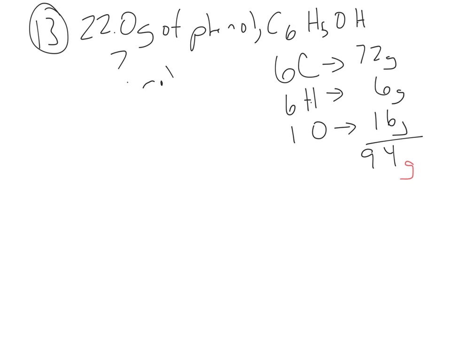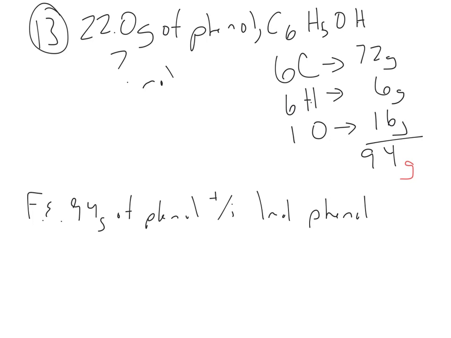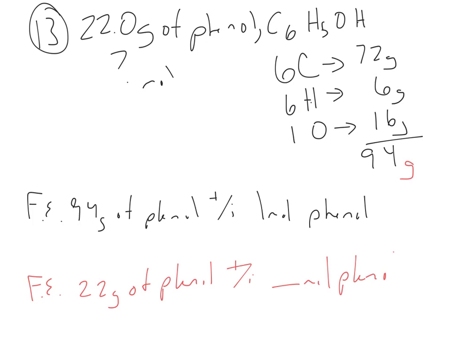grams. So we can say for every 94 grams of phenol, there is 1 mole of phenol. And likewise, we can say for every 22 grams of phenol, there is blank moles of phenol.